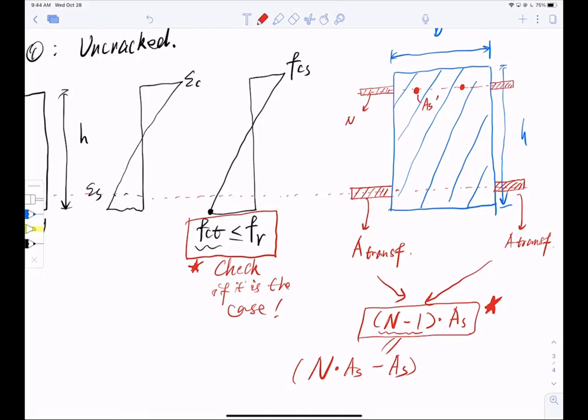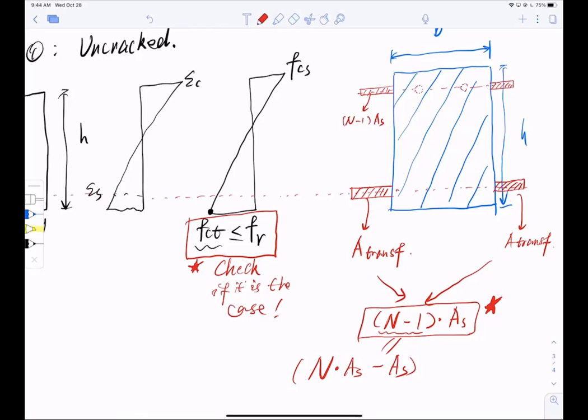It'd be n plus 1, because you're contributing to the modulus of concrete rather than taking away from it. Well, it's n minus 1. That's a trick question. Think about it: you take the bar out first and leave empty holes.